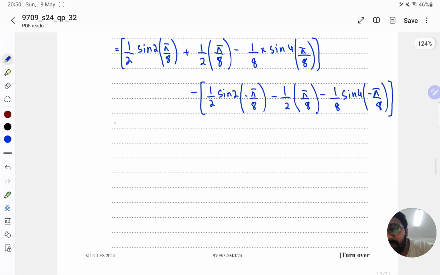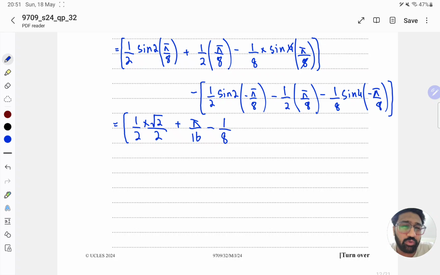Now if I simplify it, it will be 1 by 2 as it is. Sine of pi by 4 will be square root of 2 by 2, plus pi by 16 minus, this will simplify, it is 1 by 8 into sine pi by 2. Sine pi by 2 will be 1. So this is the upper limit.